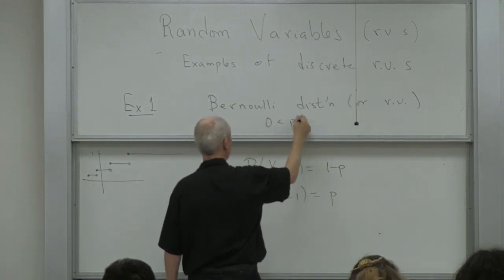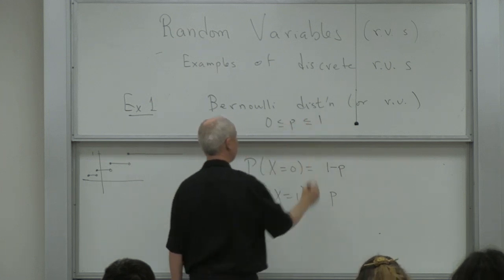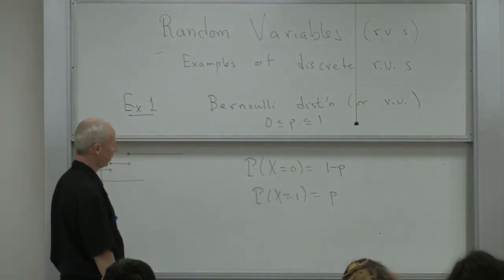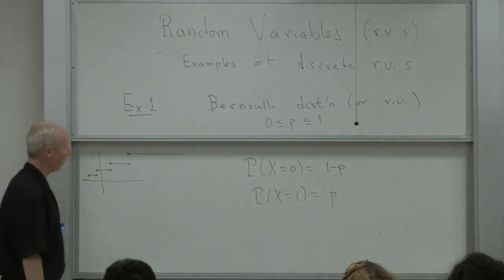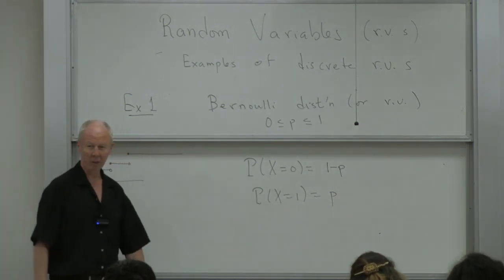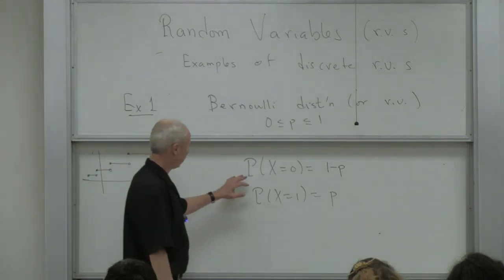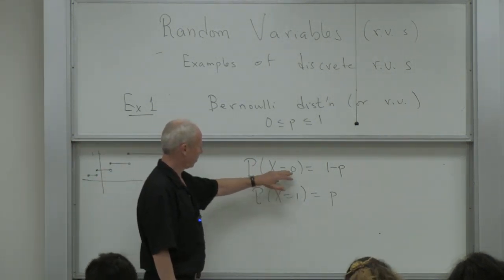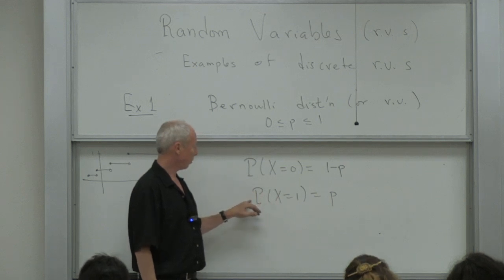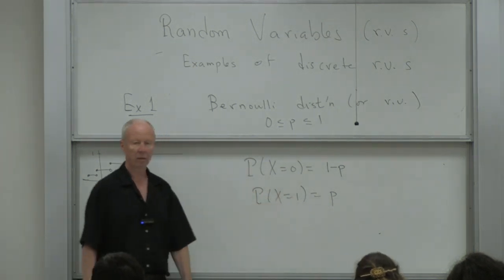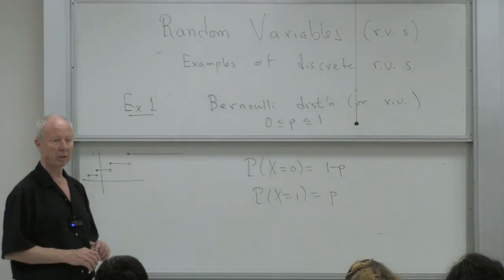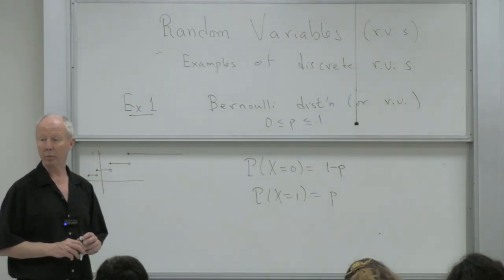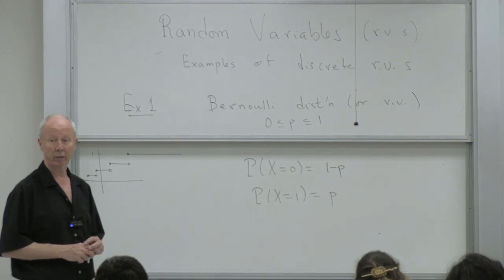So we take some number p between 0 and 1. And I'm not going to say anything about what the sample space is or what the probability is, except that the probability that the random variable is 0 will be 1 minus p. The probability that it's 1 is p. So think of having a value of 1 for the random variable as being a success, and 0, with probability 1 minus p, as being a failure.